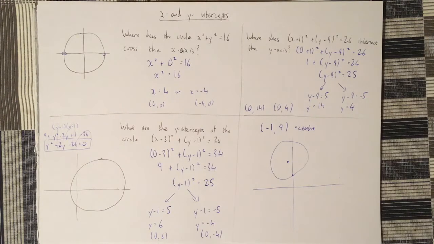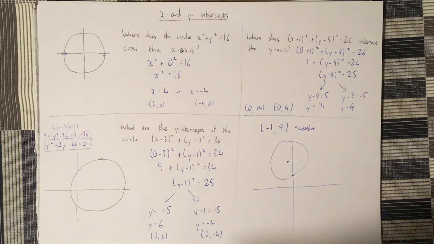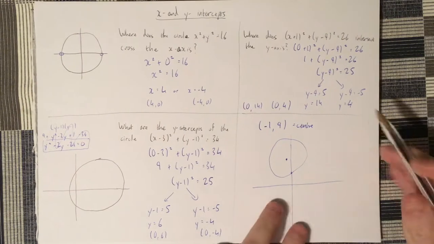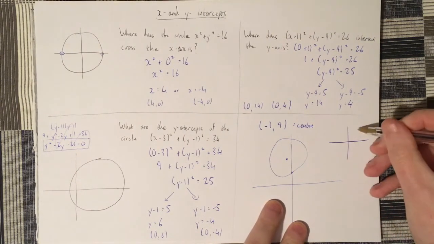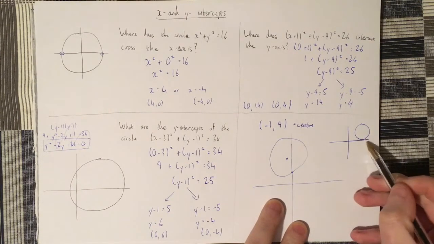Okay, but the main message of this is x and y intercepts. To find where a circle crosses the x-axis, you let y equal to 0 and then solve for x. To find out where it crosses the y-axis, you let x equal to 0 and solve for y. All right, you should generally get two solutions. You could get them where they just touch, so maybe a circle like this that just touches the x-axis.